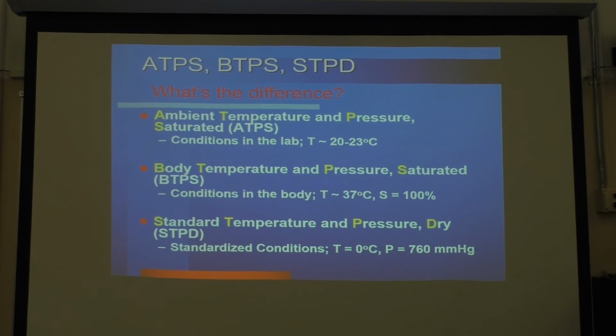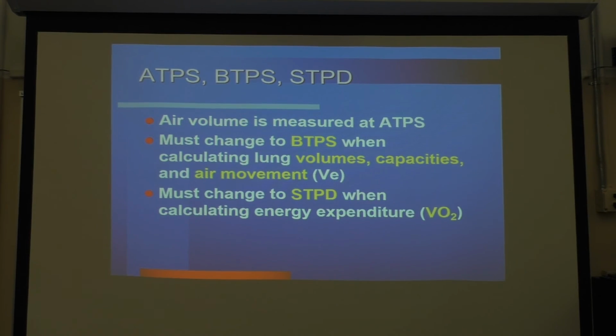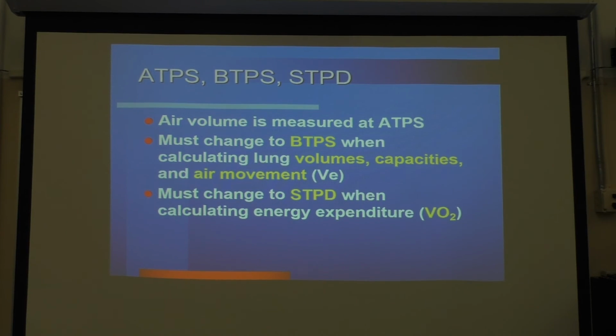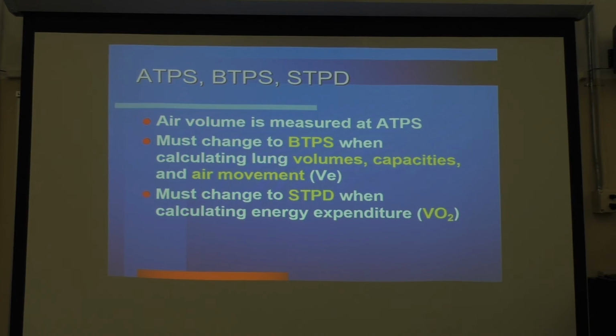And so if we're thinking about this according to Charles' law, when we breathe air out of our lungs into a spirometer, which is obviously outside of our body, things are going to change. But first of all, we've got to realize that all volumes of gas are measured via ATPS, because a spirometer, an instrument, would be in a lab outside of our body.